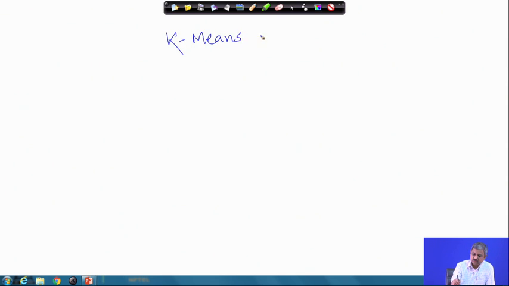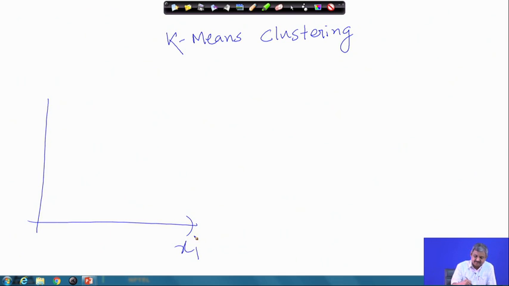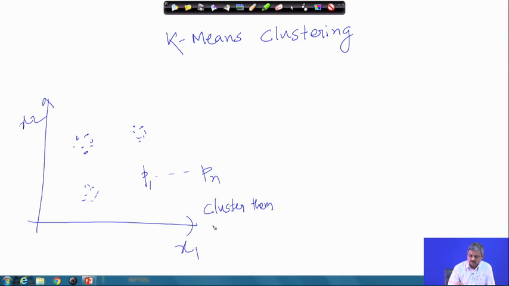Then I will explain to you. You do the following. Let me draw the picture again. You are given points p 1 to p n, say cluster them into k equal to say 3 groups.